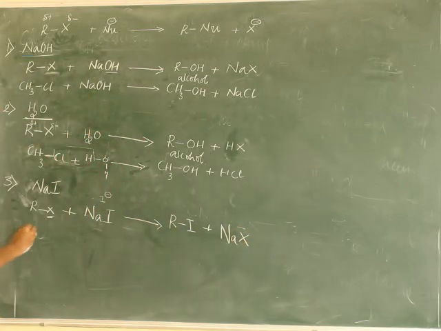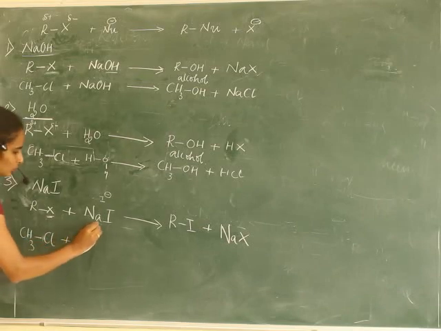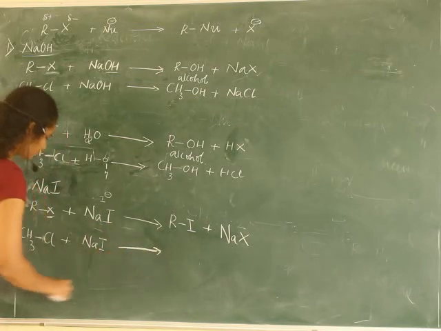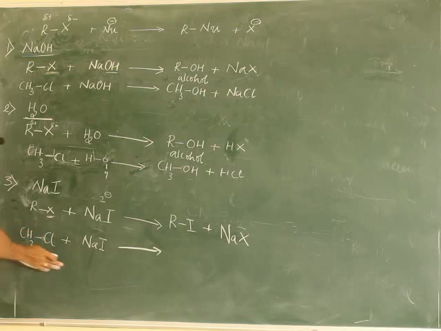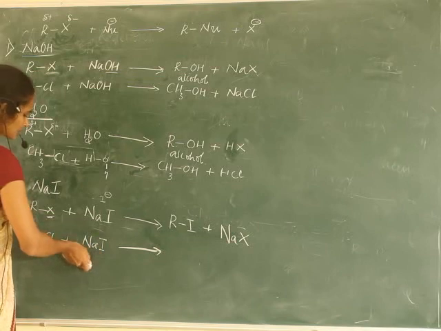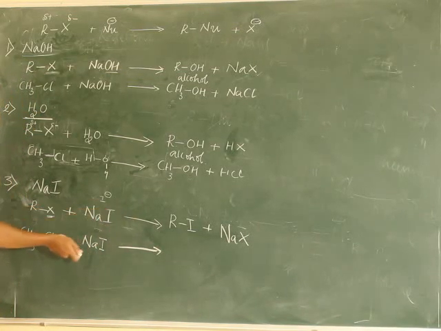For example, CH3Cl, methyl chloride, on reaction with sodium iodide. Now replacement of the chlorine functional group by iodine takes place, and chlorine leaves as a chloride ion, which will combine with sodium and gives sodium chloride.